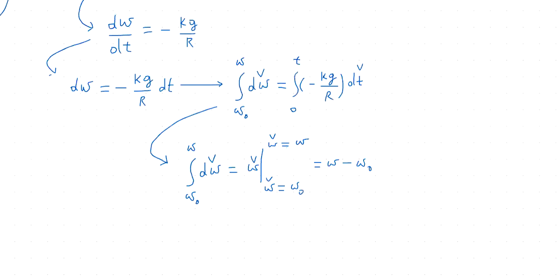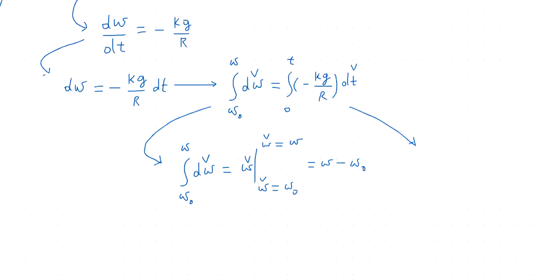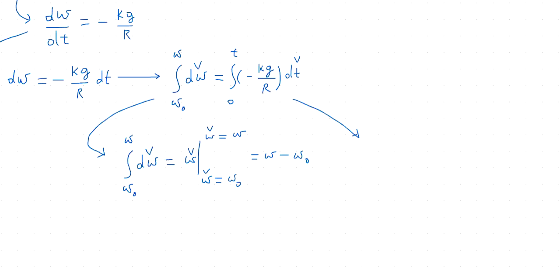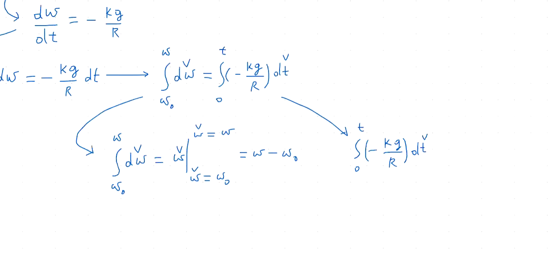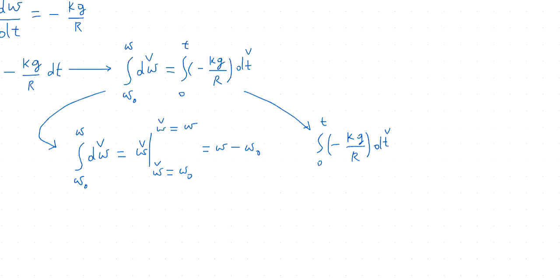And what about this? This is equal to integral from 0 to t of minus kg divided by r multiplied by dt, and this will be minus kg divided by r, integral from 0 to t.